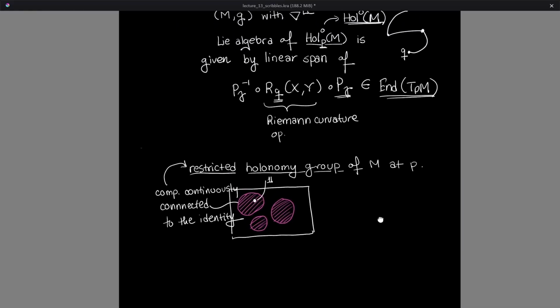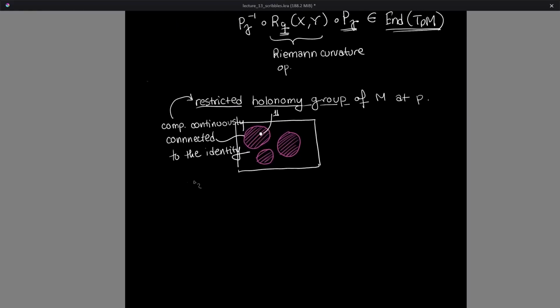So what can we say about this? What we can say is that we know that for a Calabi-Yau, the Ricci curvature is 0, right? So let's say that Ric(K) is equal to 0. This implies that the Riemann curvature, and therefore the Riemann curvature operator, is traceless, because the Ricci curvature is the trace of the Riemann curvature.